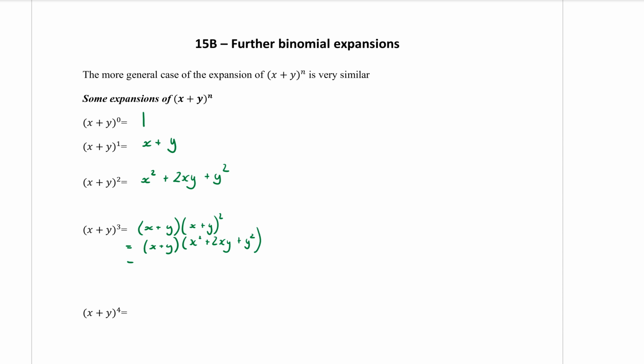Then I want to expand that further by multiplying the x by everything in the second bracket. So that's x cubed plus 2x squared y plus xy squared. And then the y times everything in the second bracket would be x squared y plus 2xy squared plus y cubed.